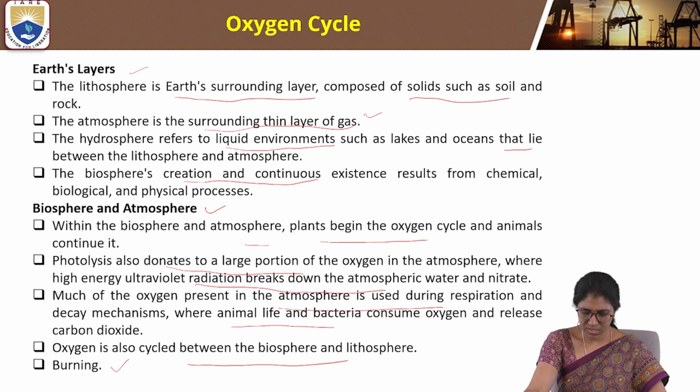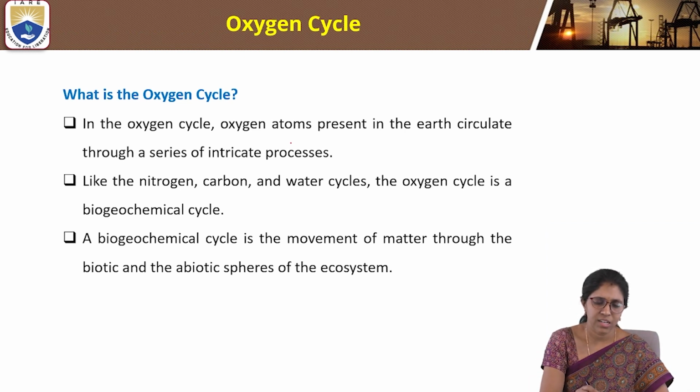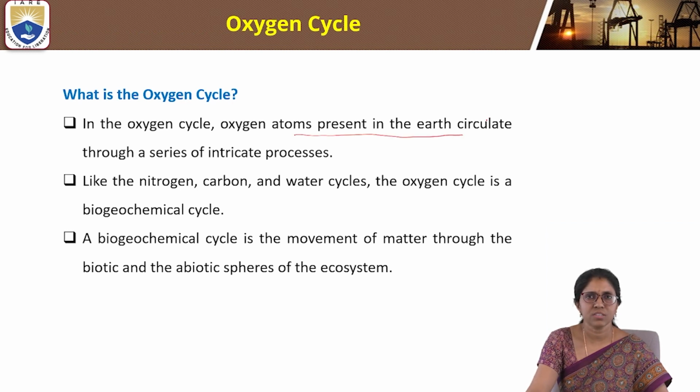So this is the oxygen cycle importance. What is the oxygen cycle? In the oxygen cycle, oxygen atoms present in the Earth circulate through a series of intricate processes.